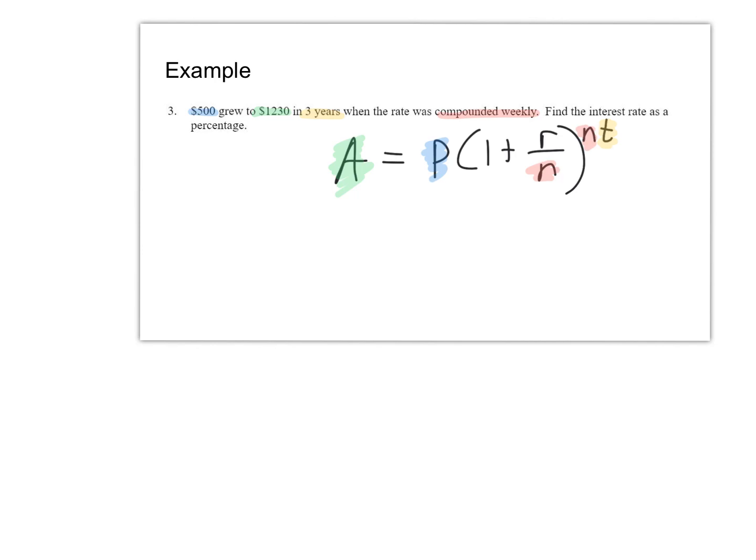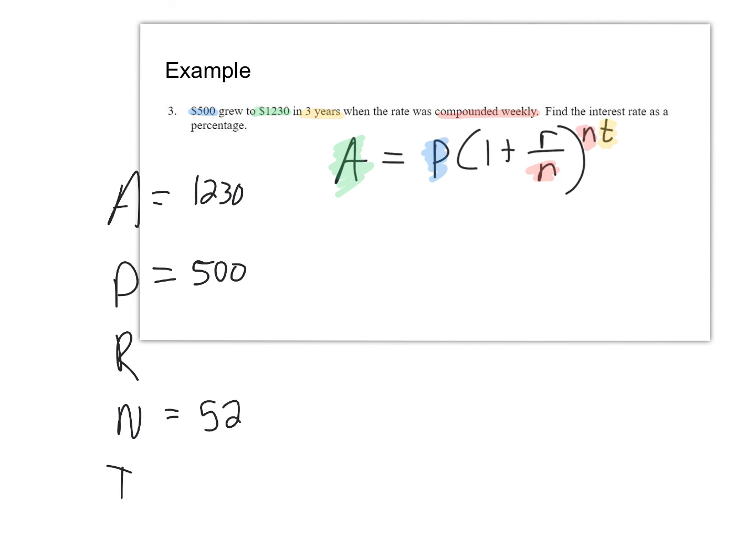Okay, so A, P, R, N, T. Ending amount 1230. Starting amount 500 bucks. The rate, I don't know what that is. Compounded weekly means 52 times, and the time is a 3-year time frame.